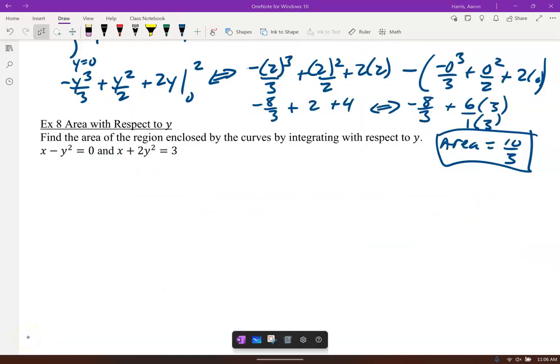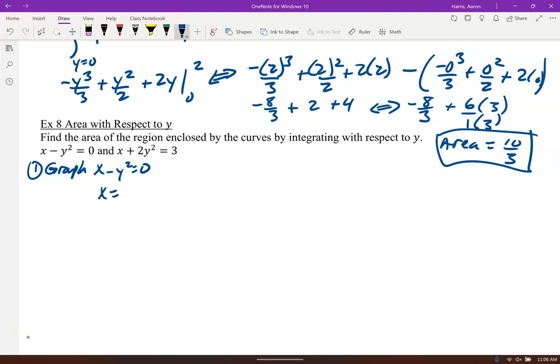This is not a bad problem, you guys, to pause and take a look at. But let's go ahead and graph x minus y squared equals 0. So x would be y squared. If I square root, I'd have the plus and the minus root x, right?